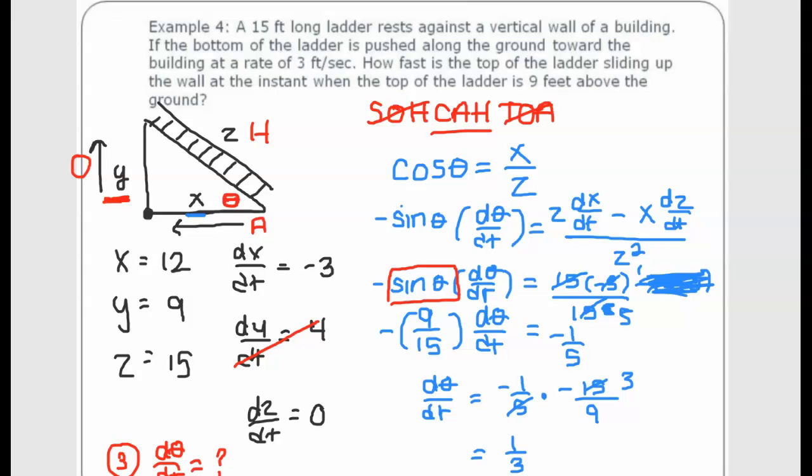So what that means is that the angle is increasing at a rate of 1/3, and since it's an angle, theta, that's radians per second. So the angle is increasing at 1/3 radians per second.